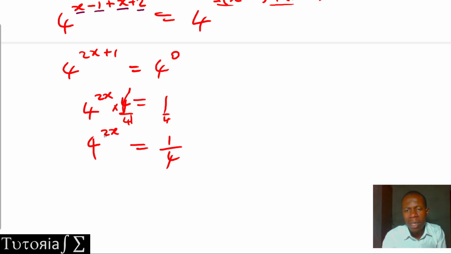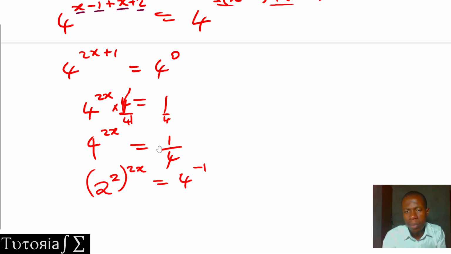Then maybe we can even further simplify this. We can simplify this to the lowest base, which is maybe 2. So we can say 2 raised to the power 2 will give us 4, and to the power 2x be equal to this, can be written as 4 raised to the power negative 1.